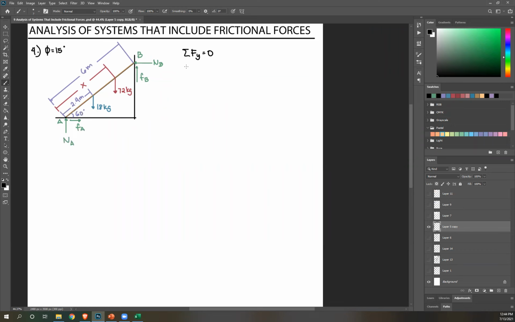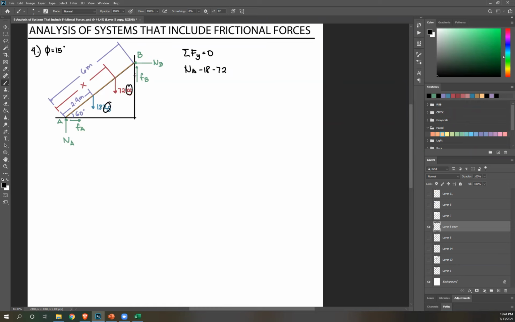So let's start here, NA upward, 18 and 72 downward, so minus 18, minus 72. Now you might be wondering, why am I not converting this into weight? This is just mass. Not because it doesn't matter, okay? We're not particular with the unit of our forces here, because as long as our units are uniform, we can use them without converting.